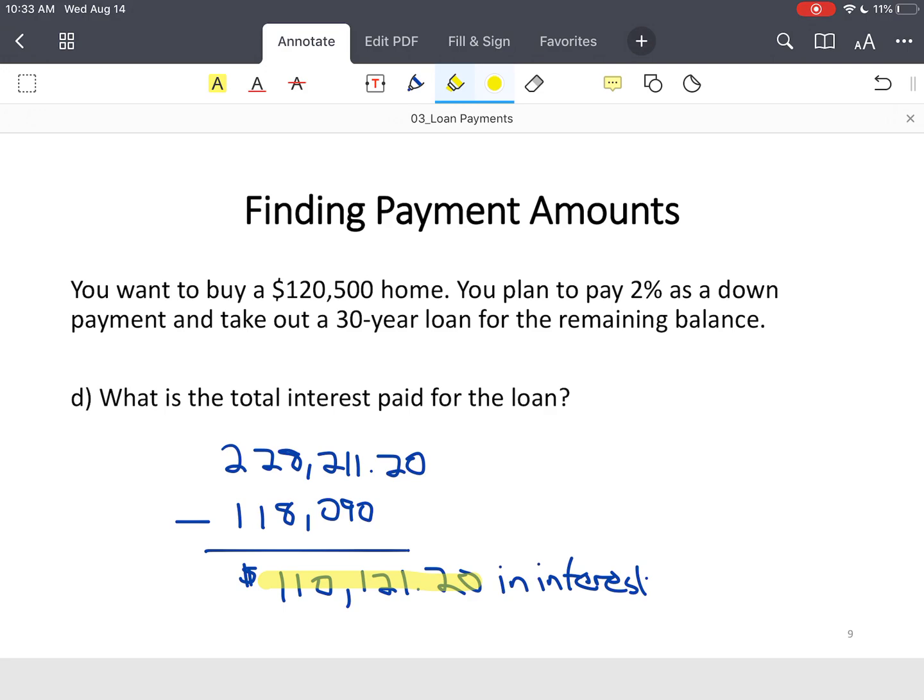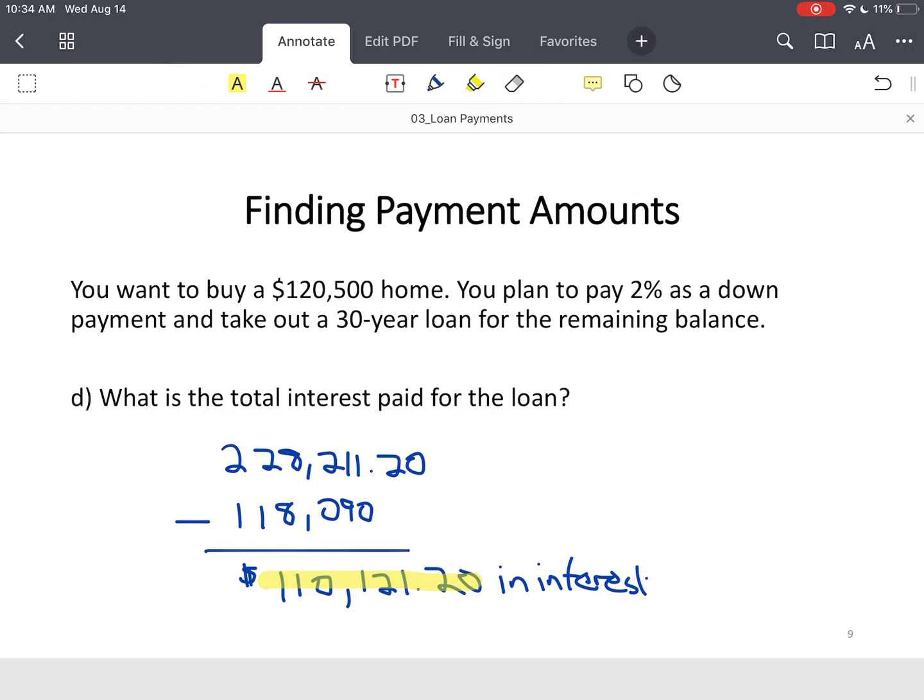The $633 is kind of insignificant because the total amount of interest that you paid was almost as much as the value of the house, or the original amount of the loan. So you got to take those things into account. So don't just get caught up looking at the payments. Look at the total amount of money that you're borrowing.